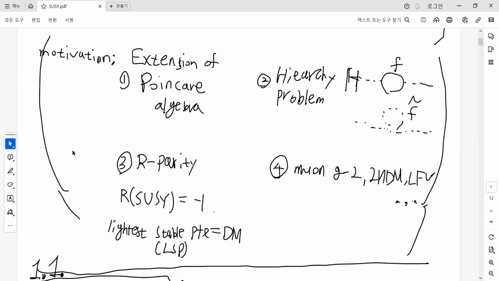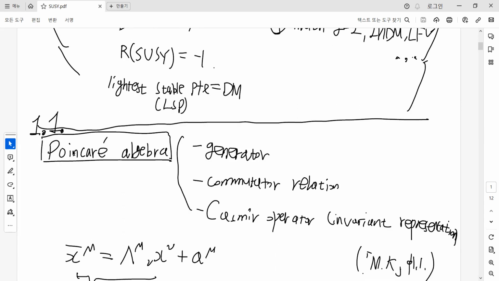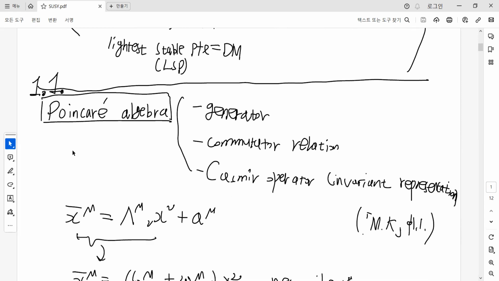there are too many calculations today, so maybe I will focus only on the Poincare algebra as today's topic. So I will calculate three things.